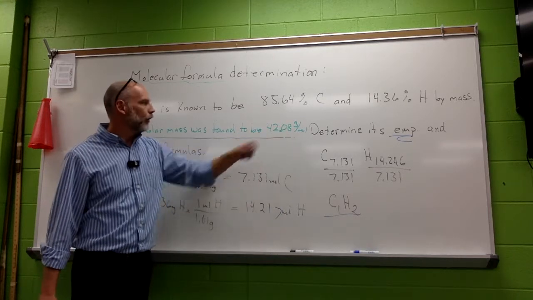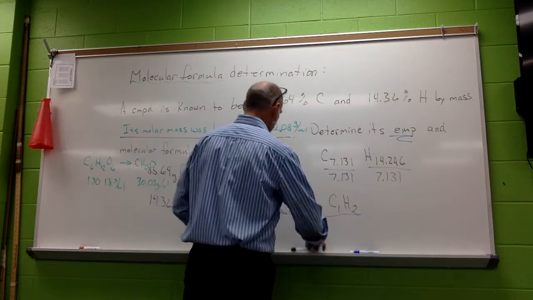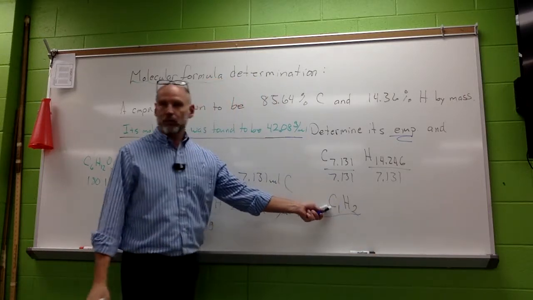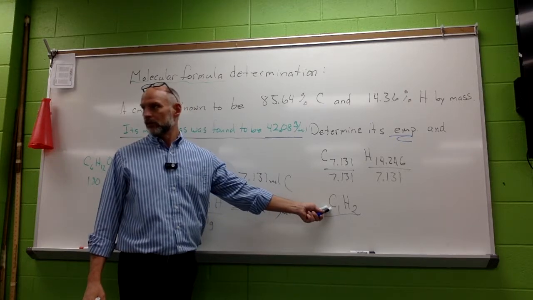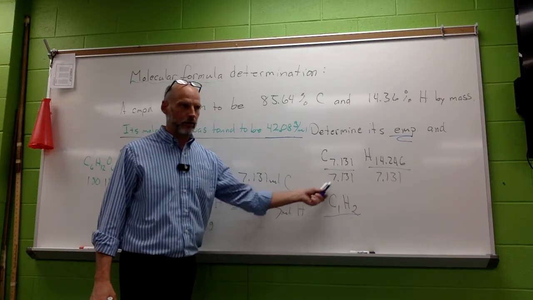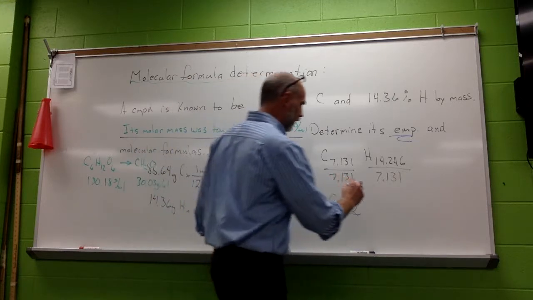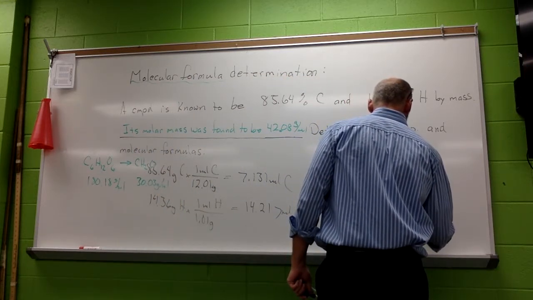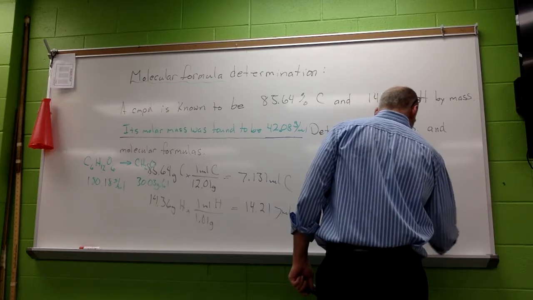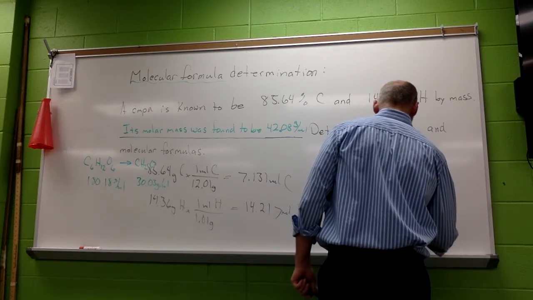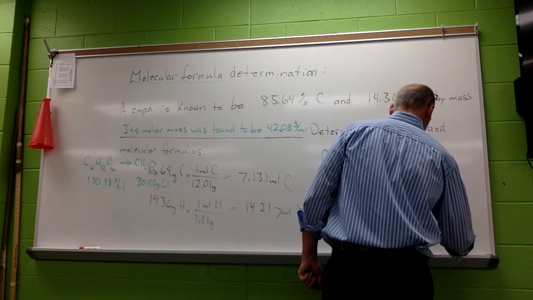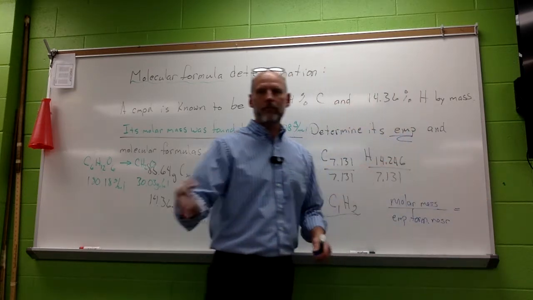You're going to take that and divide it by the empirical formula mass. So you need to find the mass of this. Take the molar mass, divide it by the empirical formula mass, and that's going to give you some factor.